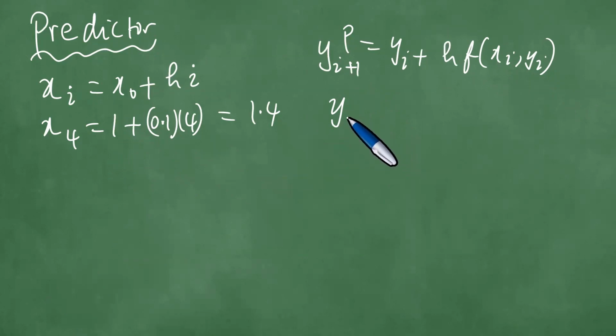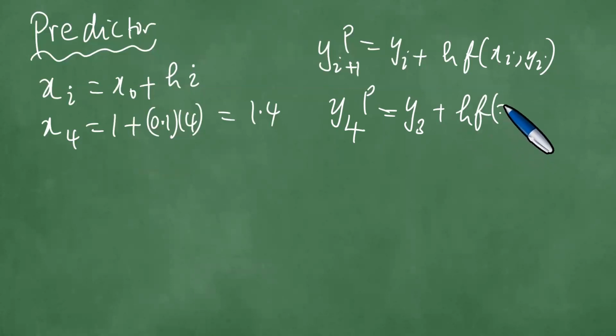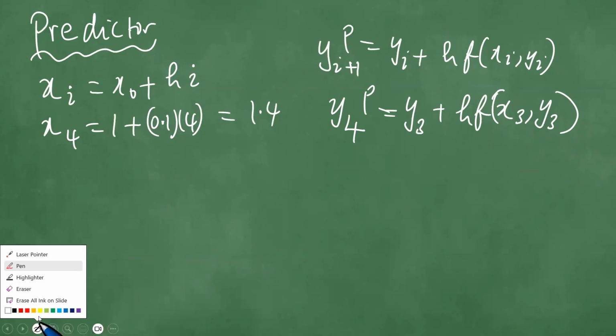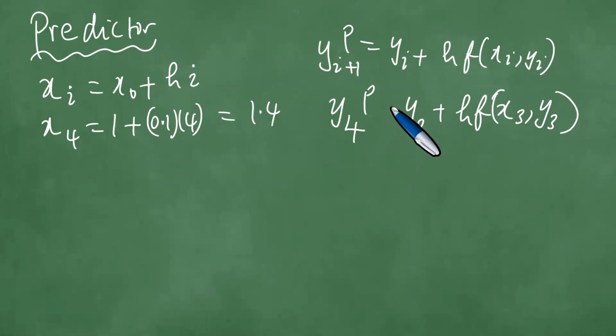So if you're getting y4 here, the predictor, it means i is 3.